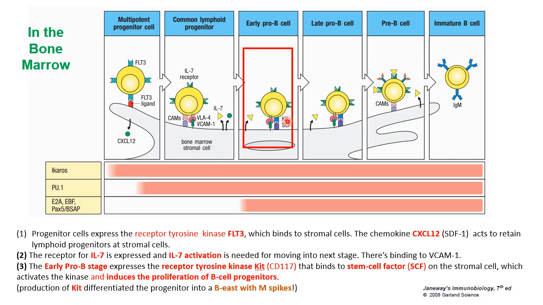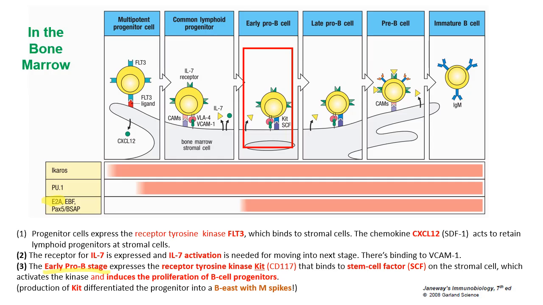So after the expression of KIT, you are going to start expressing those B cell specific transcription factors that we briefly had seen before. So that was the early pro-B cell transcription factor. Okay, and this is your E2A right there.